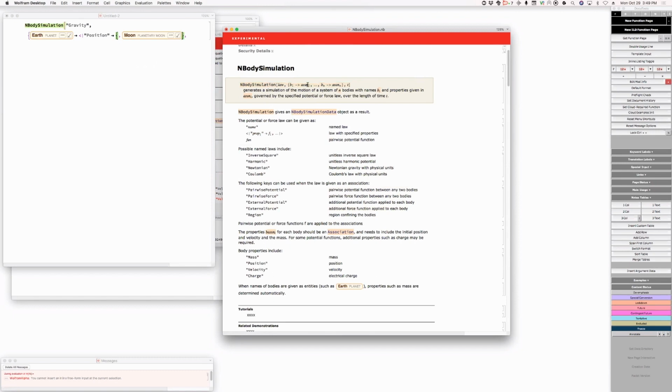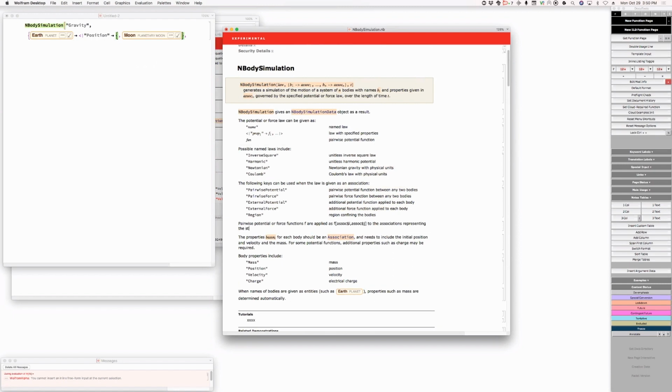we usually say a sock here. Okay. Are applied as F of a sock I, a sock J, to the associations representing the states of bodies I and J. Is that correct?